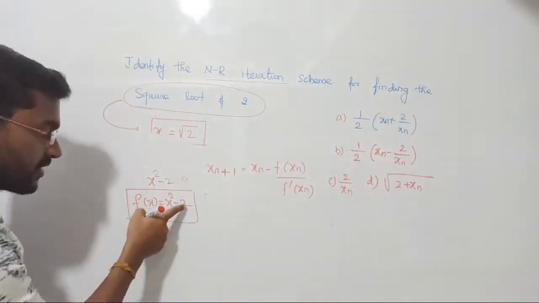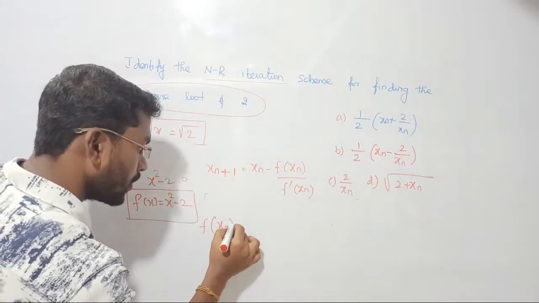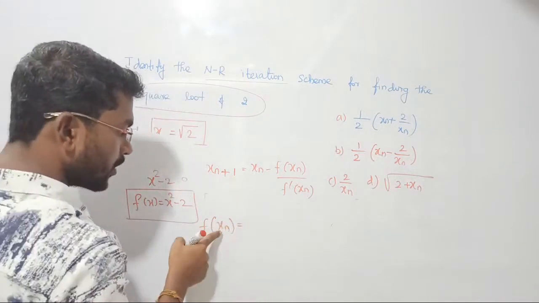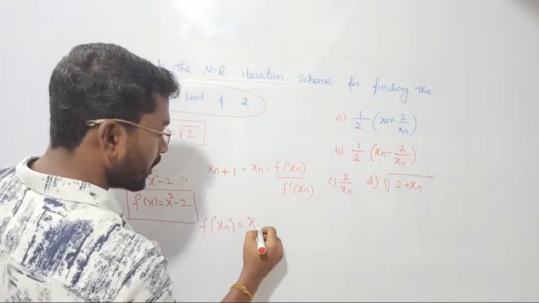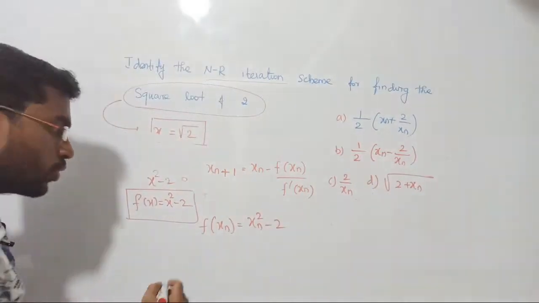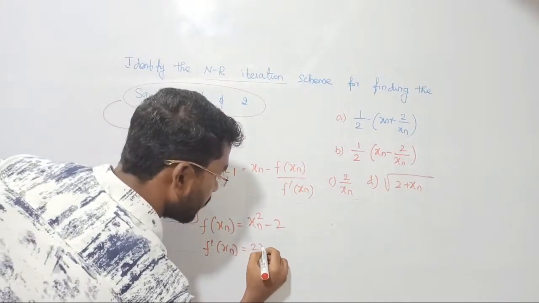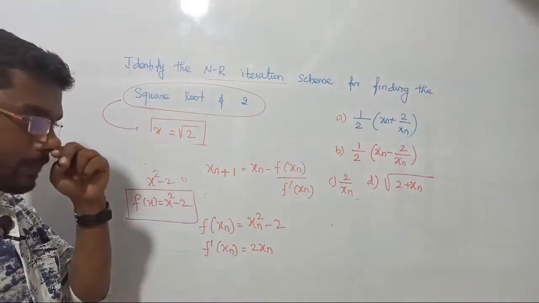For f of x, this is x square minus 2. Then for f of xn, we have to consider the corresponding root. When we consider xn, here also it will become xn square minus 2. Any mistake? No. What about f dash of xn? Twice of xn. 2 is 0. This is correct.